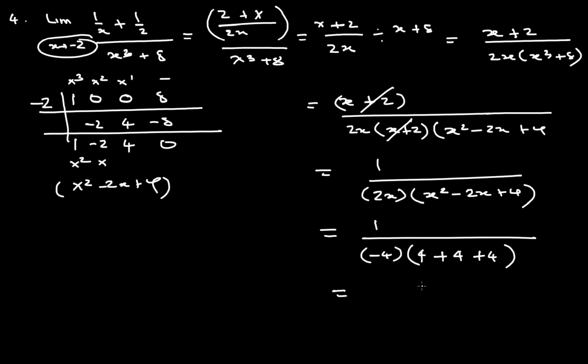So now we see here we are going to have minus 4, we're going to have 1 on top. And then at the bottom, what do we have? We have 4. I'm going to use the negative here because I'll use it already. And then here this is 4 plus 4 plus 4, which is 12. So we can see that now we get negative 1 over 48. That is our limit.